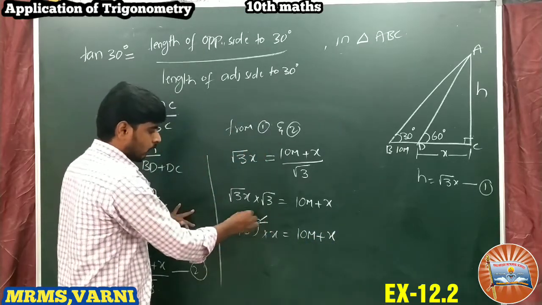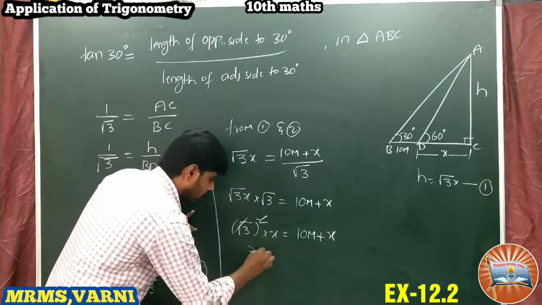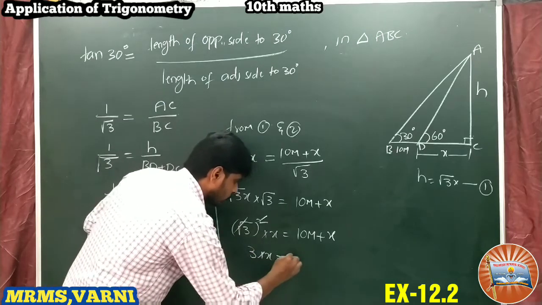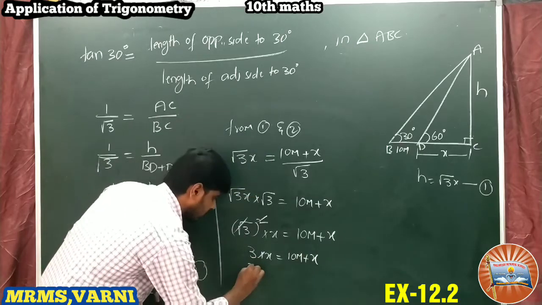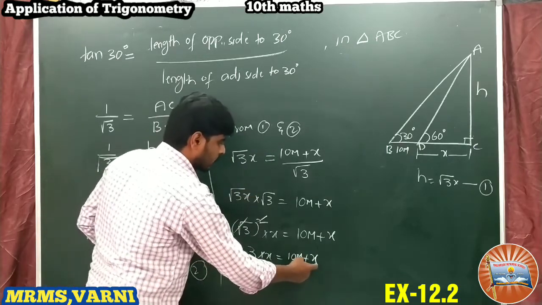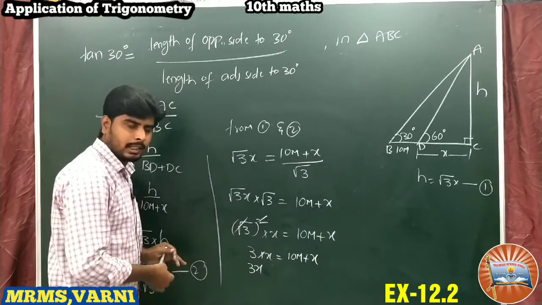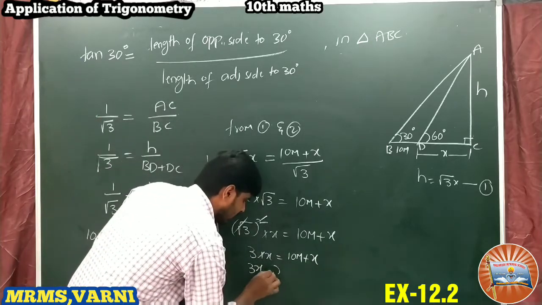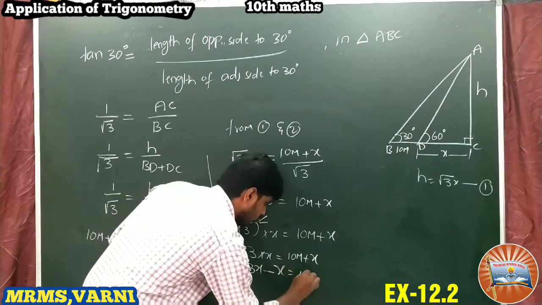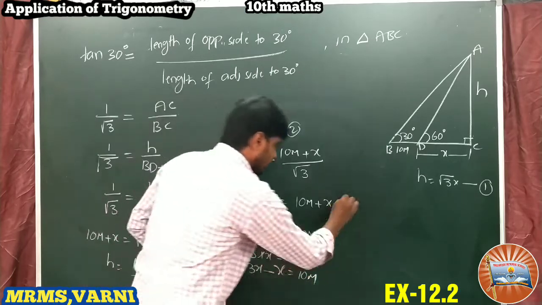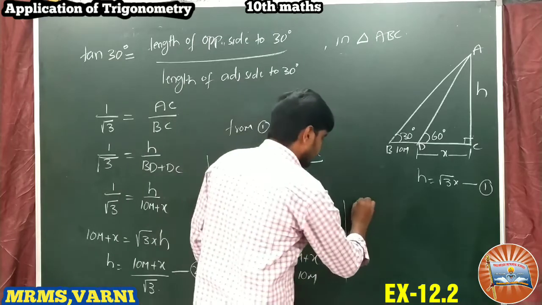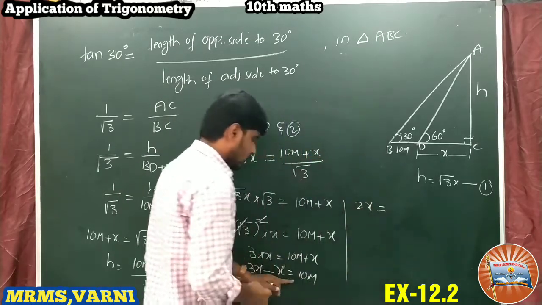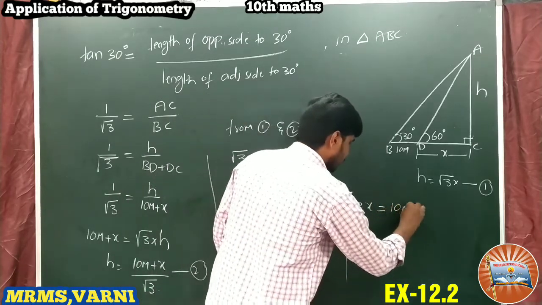Okay, square root gets cancelled. 3 into x is equals to 10 meters plus x. This becomes 3x, and transpose this x to LHS side, it becomes minus x is equals to 10 meters. Okay, what we can write next? 3x minus x, it becomes 2x is equals to 10 meters.